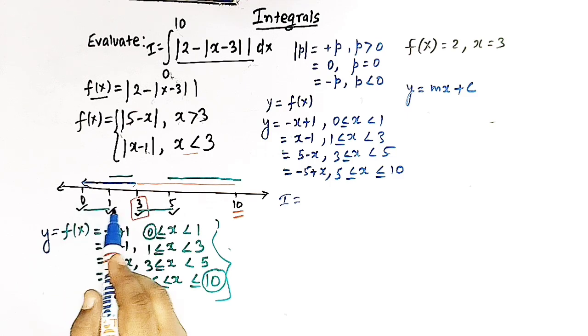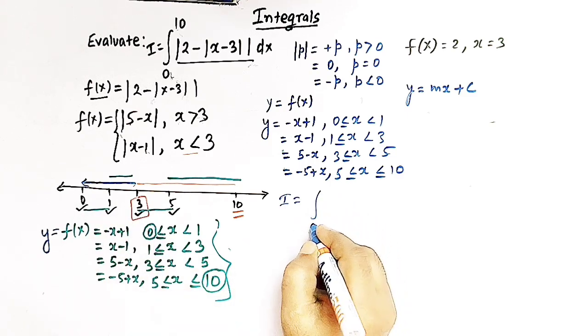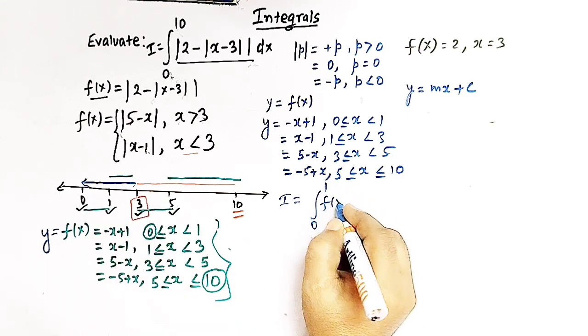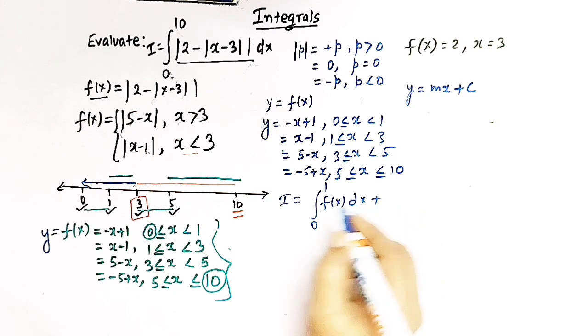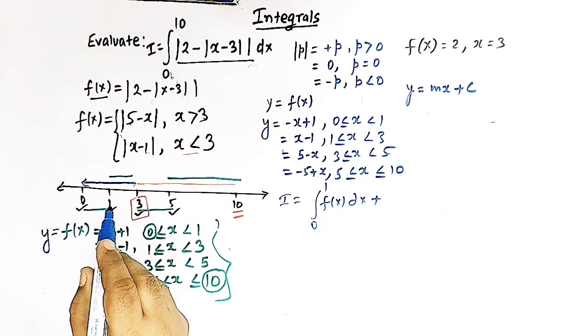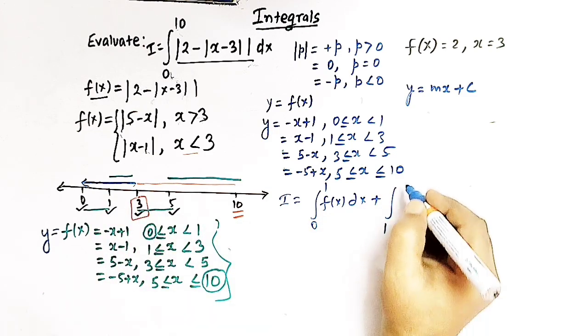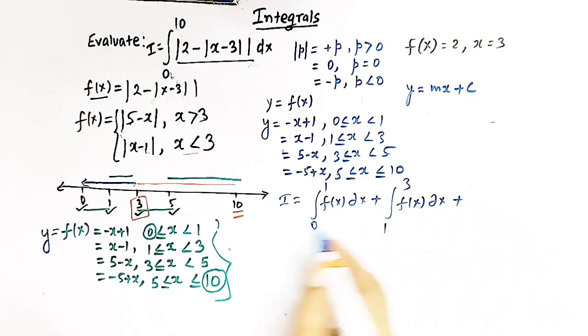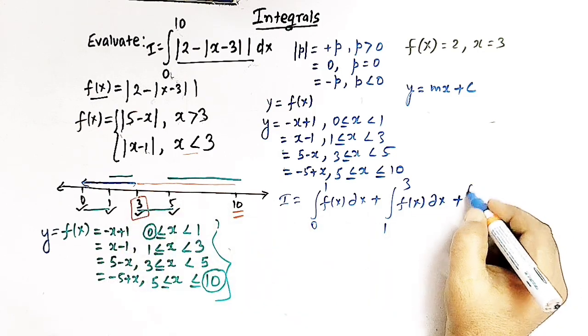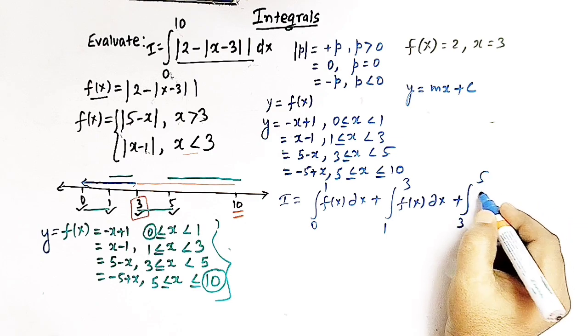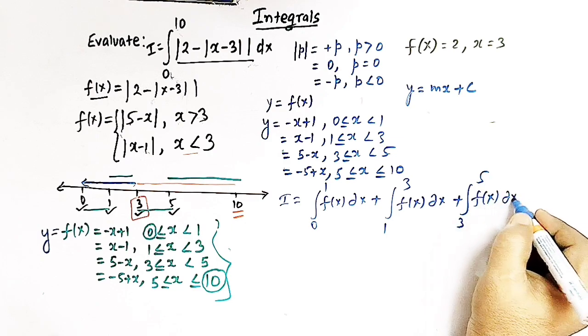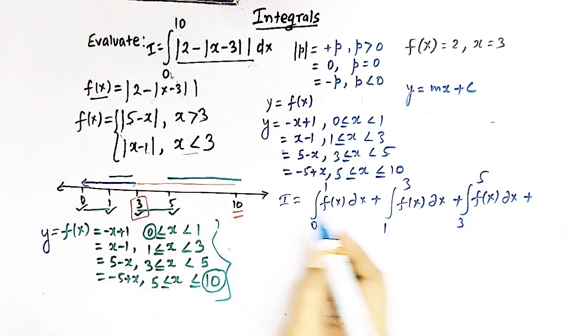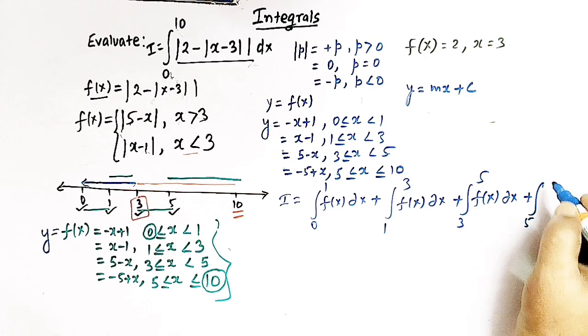The first one is from 0 to 1, that is 0 to 1 f of x dx. Then second one is from 1 to 3, 1 to 3 f of x dx. And then we have 3 to 5, 3 to 5 f of x dx. And then we have 5 to 10 f of x dx.